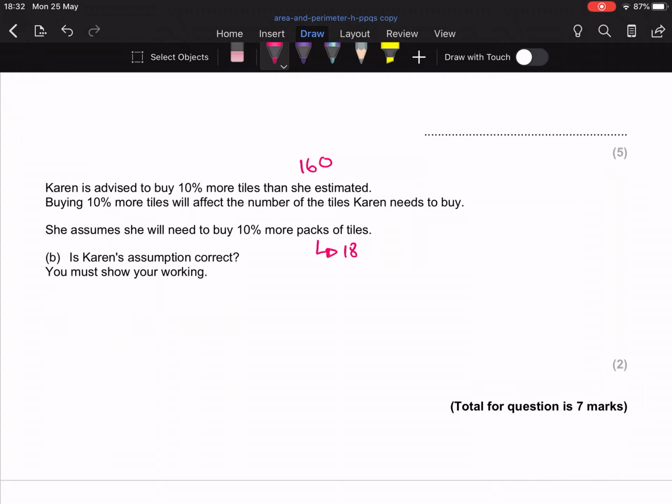So she's advised to buy 10% more tiles than she estimated. 10% would be 16. Buying 10% more tiles will affect the number of tiles Karen needs to buy, clearly. She assumes she needs to buy 10% more packs of tiles. So 10% of this would be 1.8 packs.